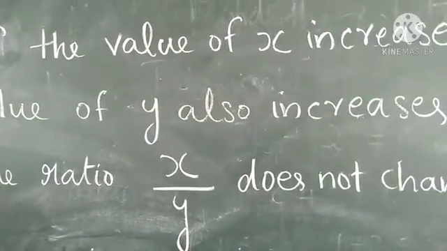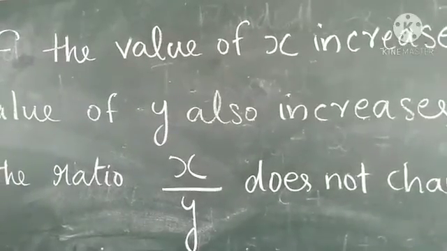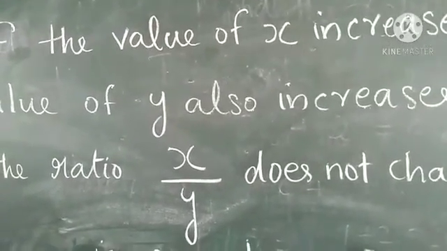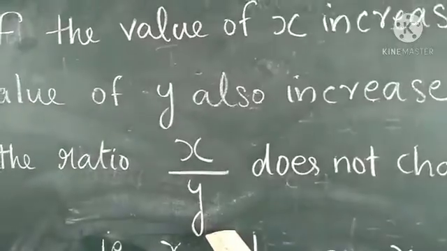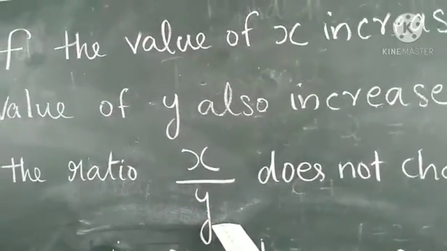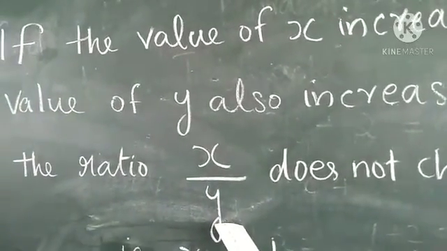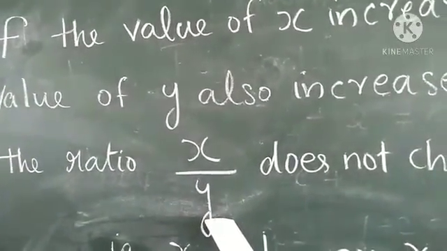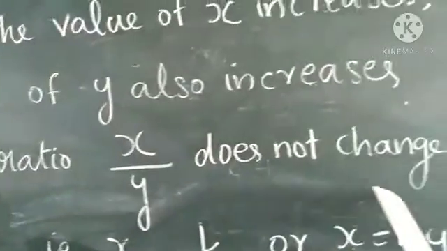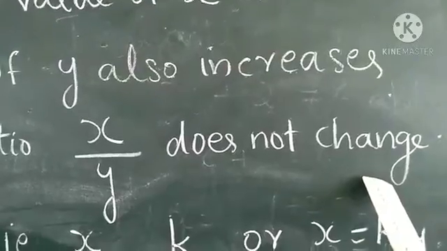If the first quantity decreases and the second quantity also decreases, then also the ratio x by y, or x is to y, will remain constant. In lower classes you have learned x by y as x is to y. You remember that? So here x by y does not change, which means it is a constant.